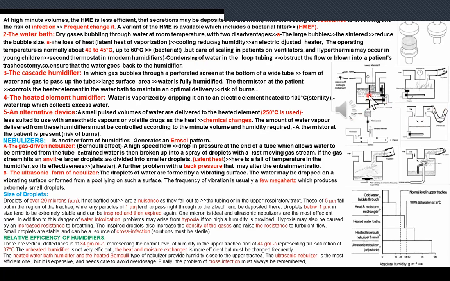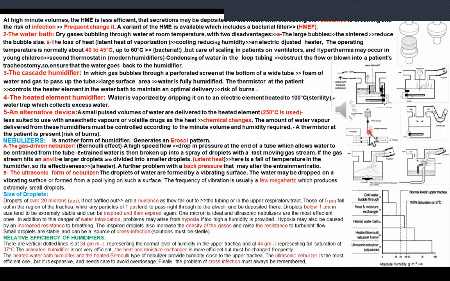The cascade humidifier simply is induced by making a foam of gases in a chamber. This foam of gases increases surface area. Of course, we also have a heater, and we have two thermostats, one in the apparatus and one on the tube going to the patient, to control the heat in case it increases too much.